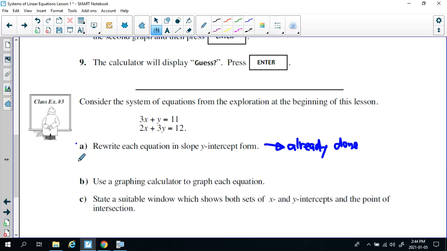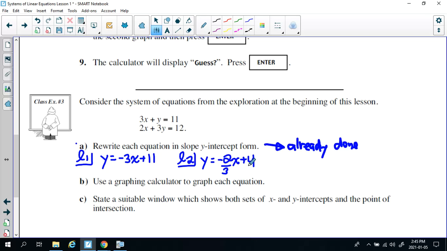Okay, so L1, the equation that we rewrote it as was y is equal to -3x plus 11. And then L2, we already did this work, y is equal to negative 2 over 3x plus 4.